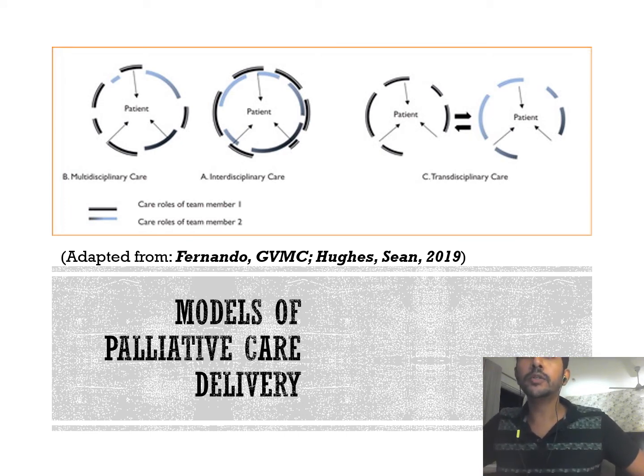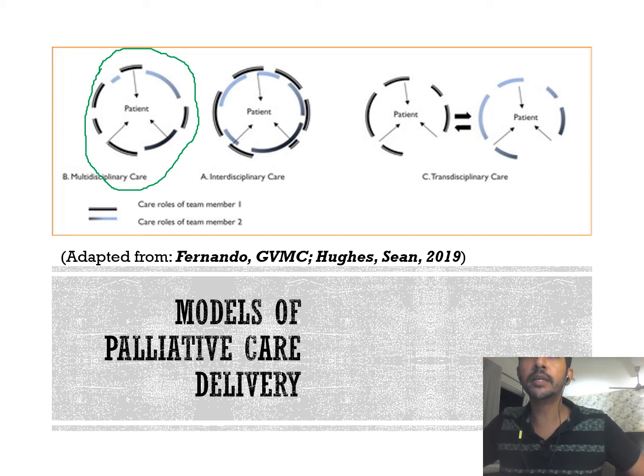So towards the leftmost end, you can see what multidisciplinary care is like. The patient is right at the center in all of these models. And these are what individual professionals do in terms of caring for these patients.